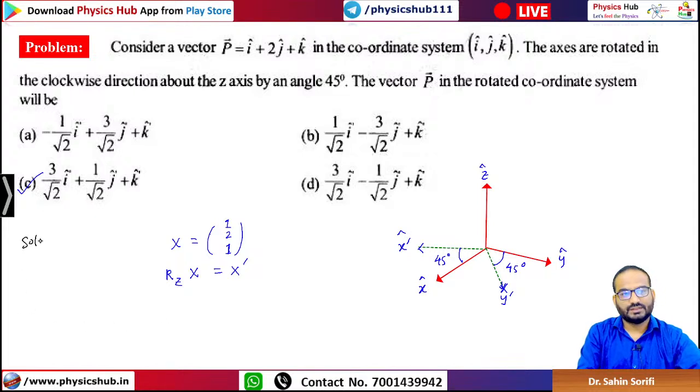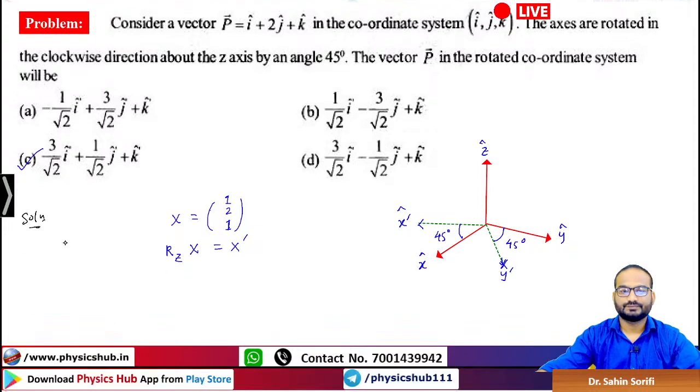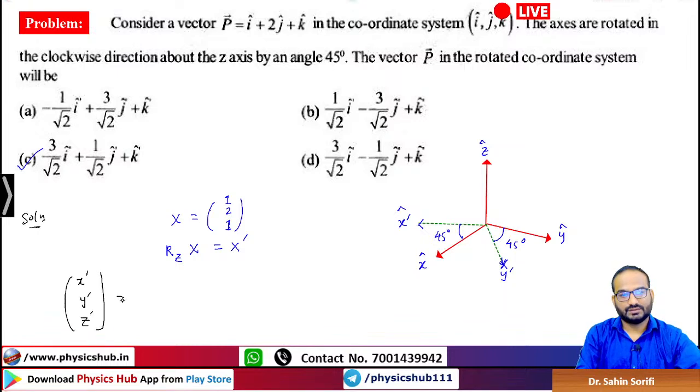So let's do the solution. So let's say the new vector is x prime. So we are writing the components as x prime, y prime, z prime, which is the thing we have to find out. Now what about the matrix?